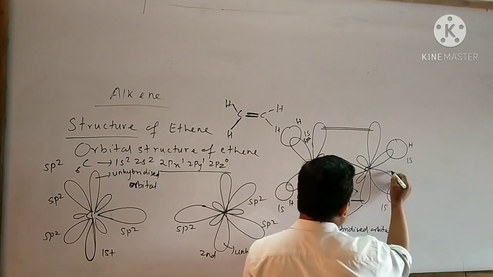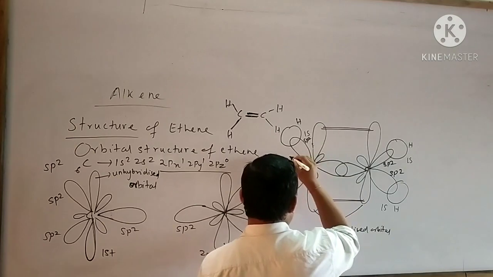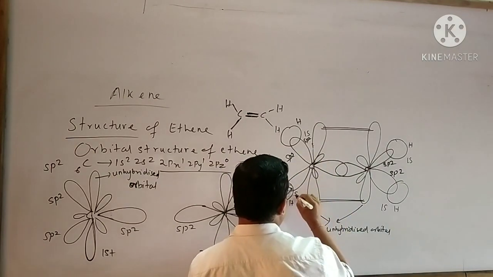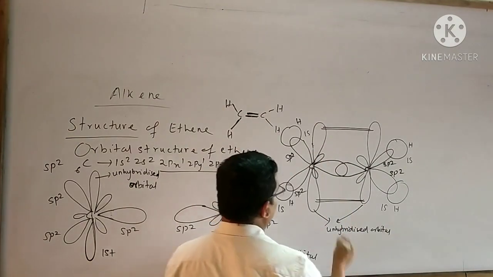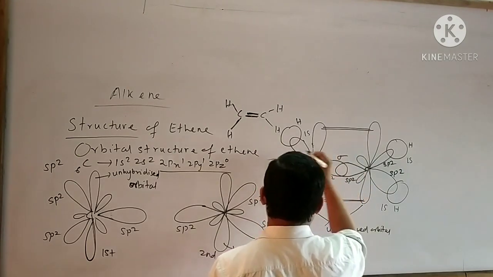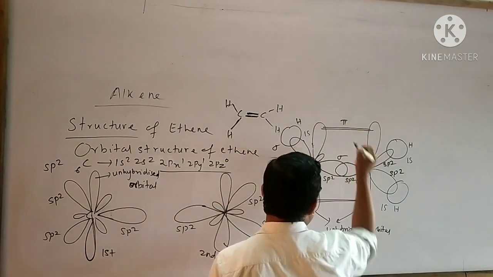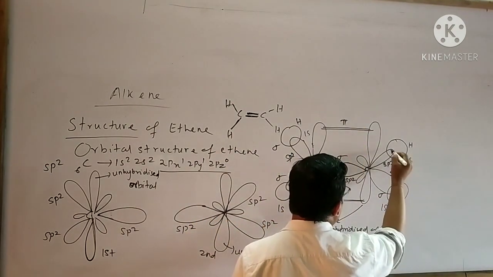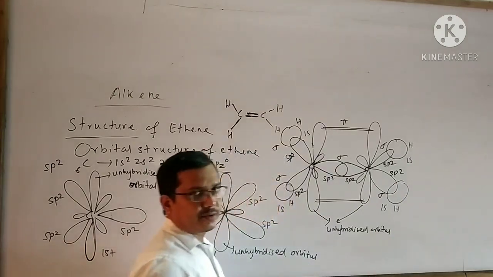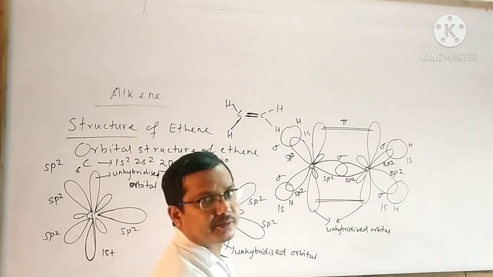This is your sigma bond. Here also a sigma bond is formed. Your pi bond is formed. Here also sigma bonds are formed. This is the orbital structure of ethene.